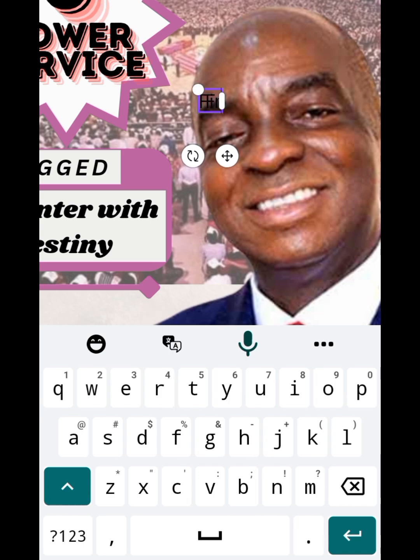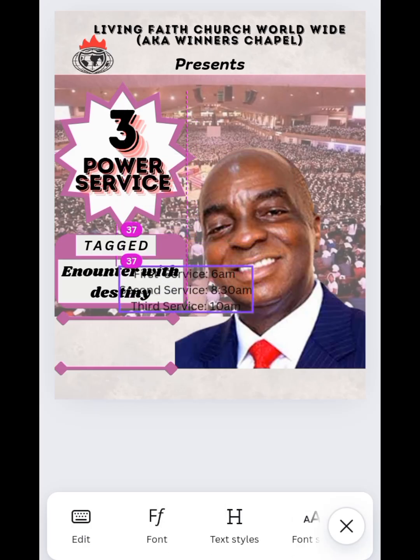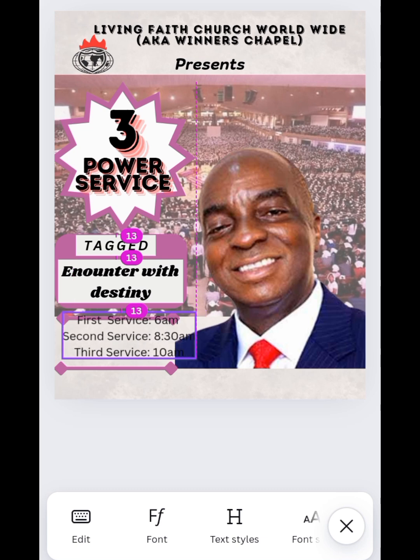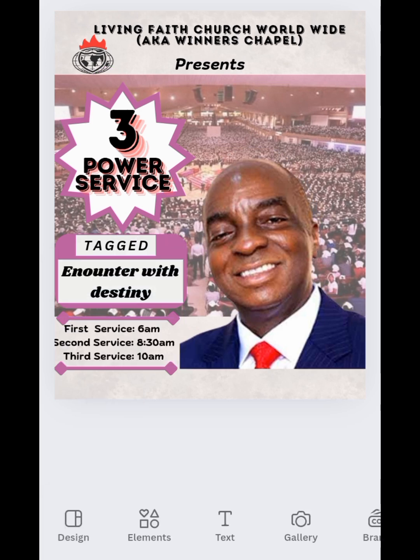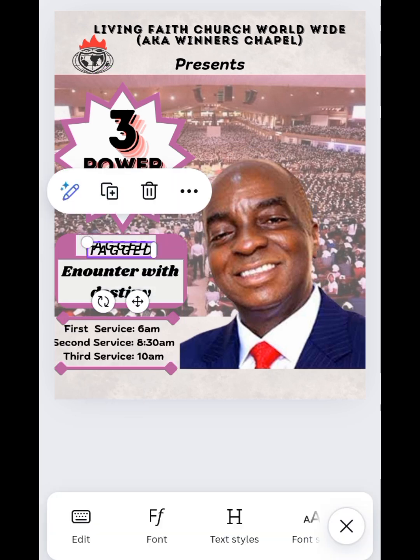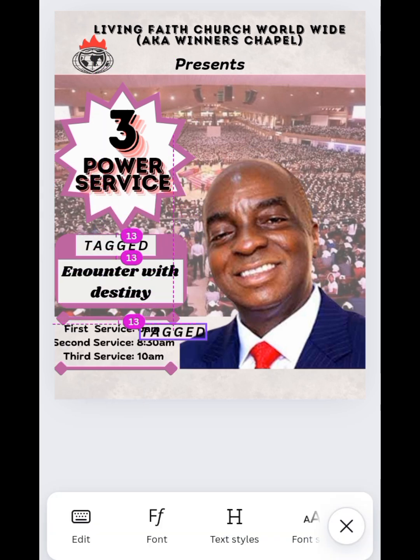So I'll be typing the services that this program, that this church actually holds. I've typed the first service 6 a.m., second service 8:30 a.m., and the third service 10 a.m. Now don't forget this is a church flyer, so every single detail needs to be given.